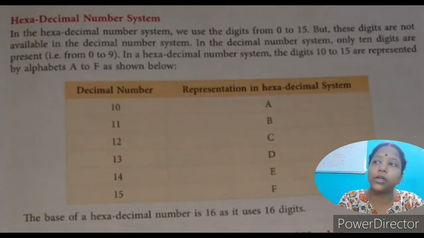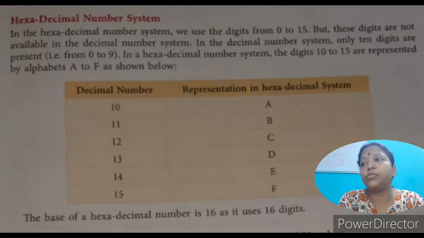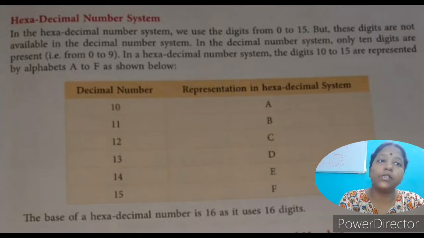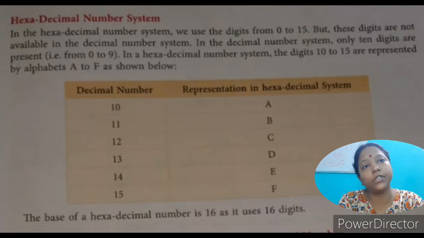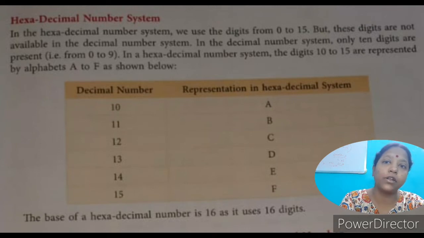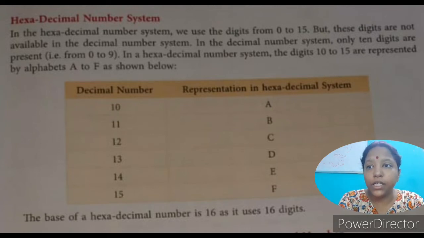Now the next topic, hexadecimal number system. In the hexadecimal number system, we use the digits from 0 to 15. This means that in the hexadecimal number system, there are 16 primary digits, 0 to 15. But these digits are not available in the decimal number system.